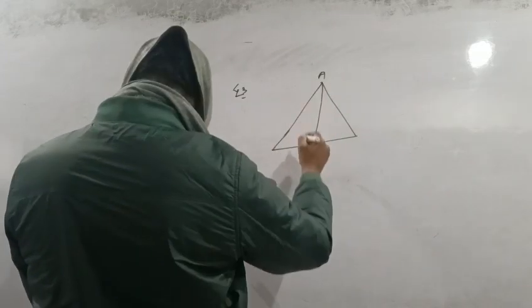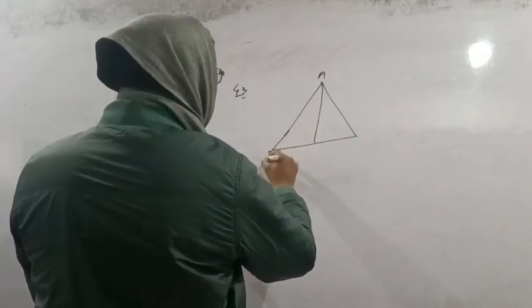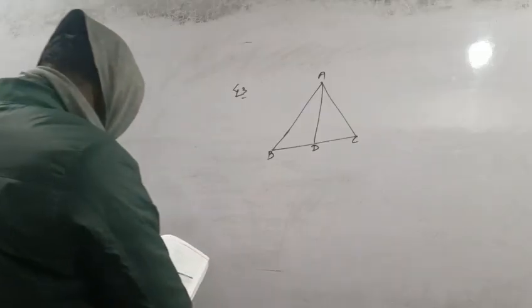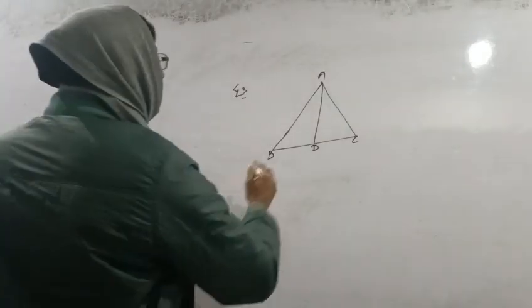A, B, C, D. AB is equal to AC is equal to BD.